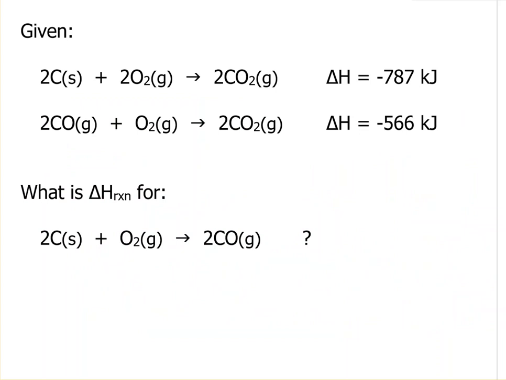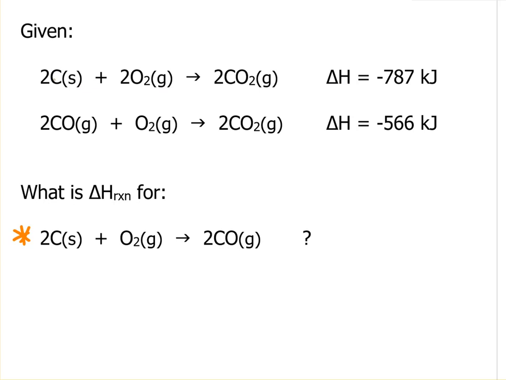You'll be given some equations with their heats of reaction, and you'll be given what I would call a goal reaction. What we want to do is make it so that we can add equations and get this as the net reaction. The thing is, you can't necessarily do that like I did on that one on the slide just by adding these together. Usually you have to manipulate these first.